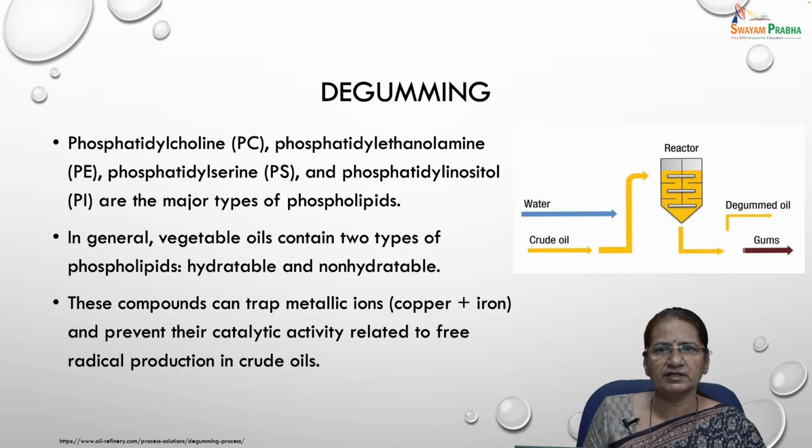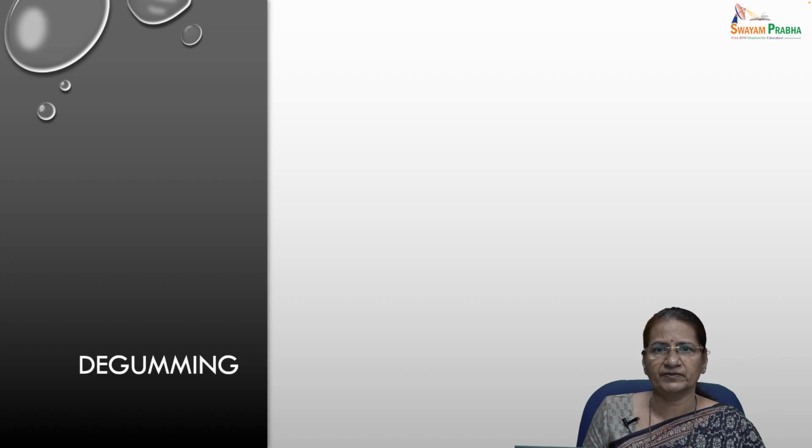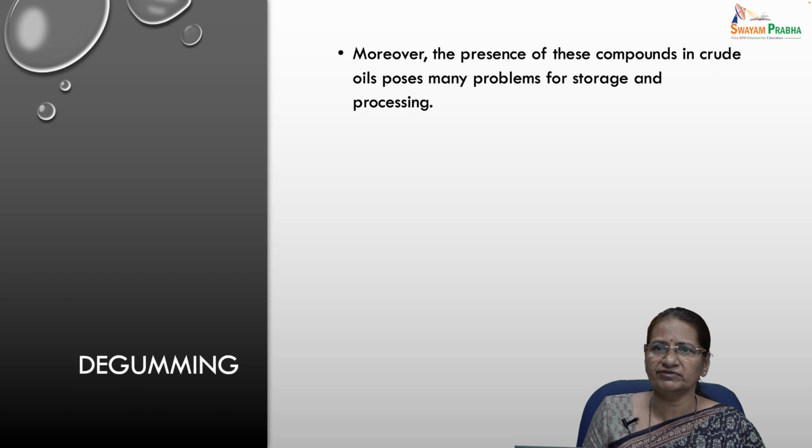These compounds can trap metallic ions, that is copper ions, and prevent their catalytic activity related to free radical production in crude oils. Moreover, the presence of these compounds in crude oils poses many problems for storage and processing.